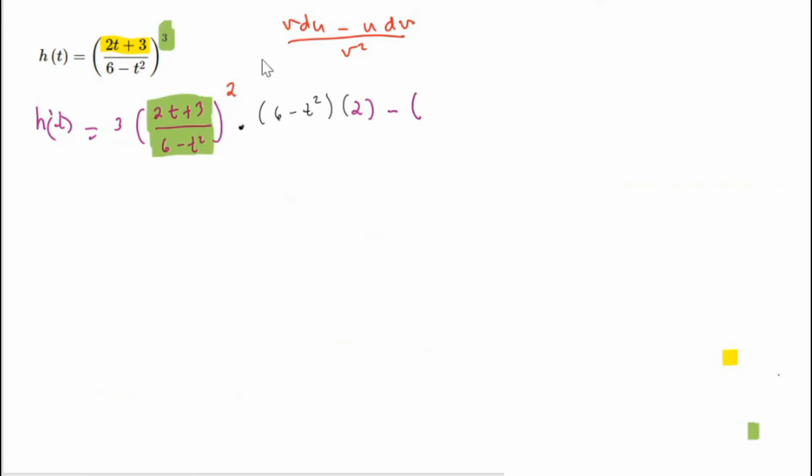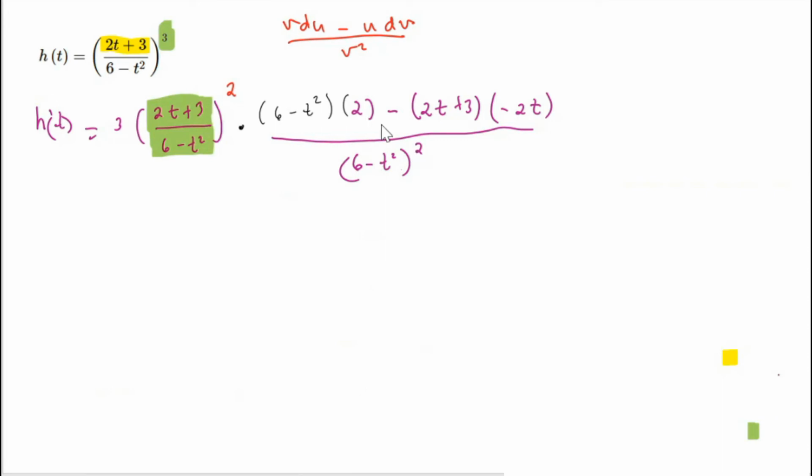I'll copy the u, which is now 2t plus 3, times the derivative of v. The derivative of 6 is 0, the derivative of negative t squared is negative 2t, all over, copy the denominator, which is 6 minus t squared, and then you square the v.